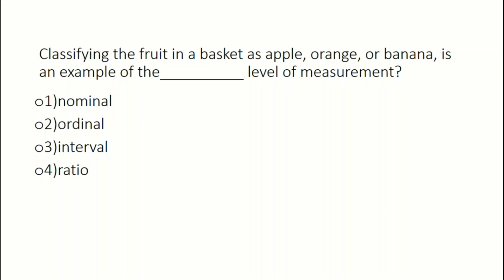Data lying in the nominal level of measurement has categories only, but cannot be ranked, has no natural zero starting point, and the difference between the data values is meaningless. Therefore, classifying the fruit in a basket as apple, orange, or banana is an example of the nominal level of measurement.